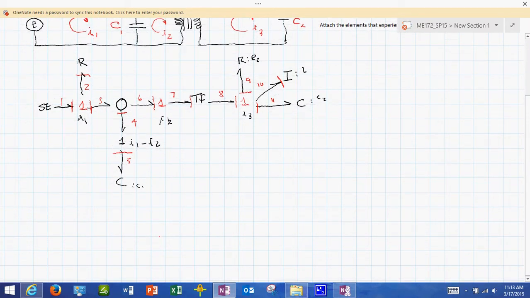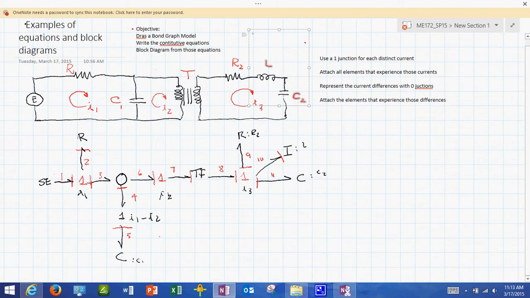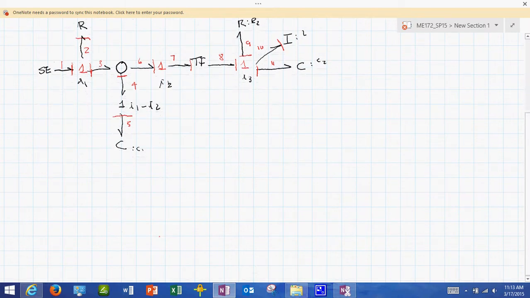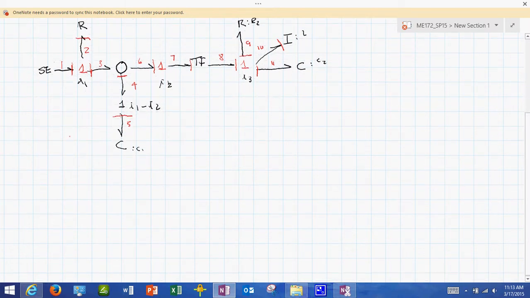So we have done the first objective, which was to come up with a bond graph model. Then we're going to write the constitutive equations of the elements. One way is to write down the number on each one of them, for example, this one will have E1.